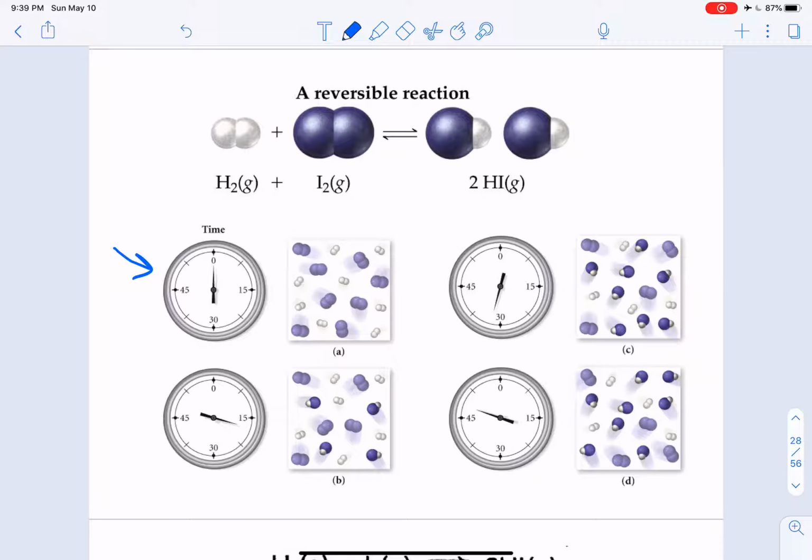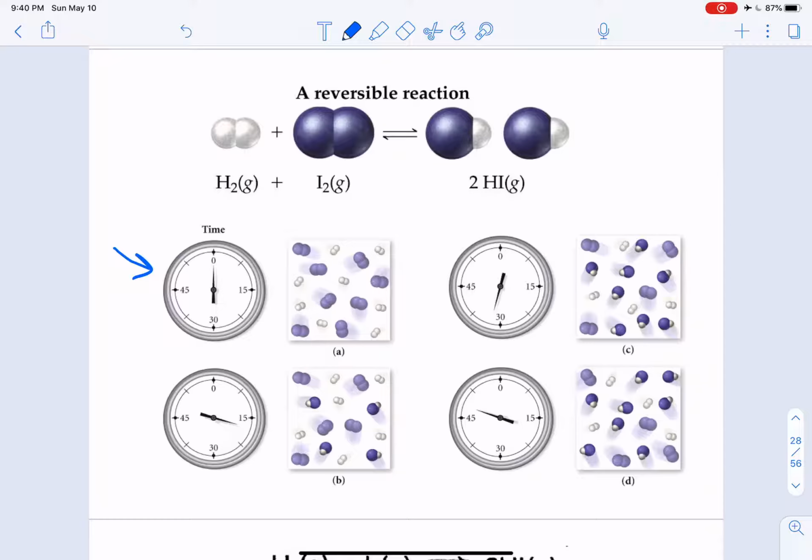We don't have any HI because H2 and I2 have not yet met. So right at time equals 0, you're putting these two things together, and your hydrogen gas and your iodine gas, they've got to collide with correct orientation and correct energy in order for the reaction to happen.